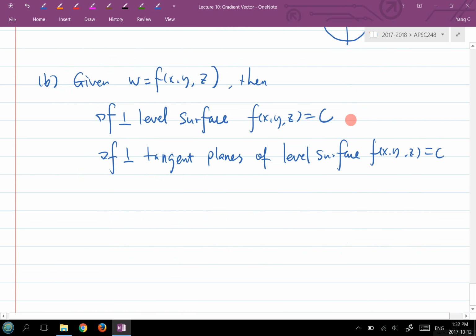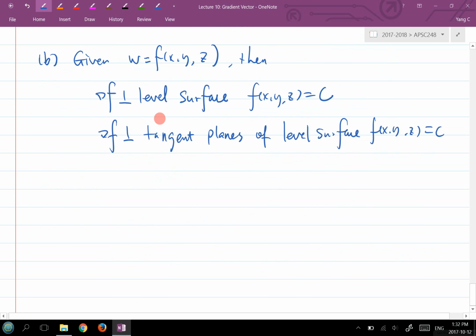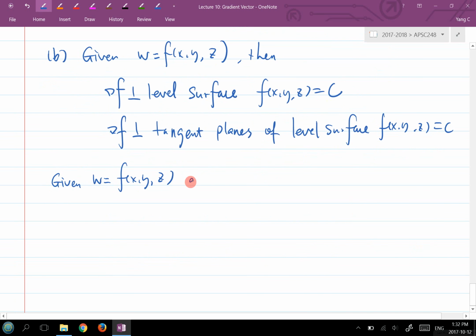Let's say I'm given a function f(x, y, z) and an arbitrary level surface f(x, y, z) = c.